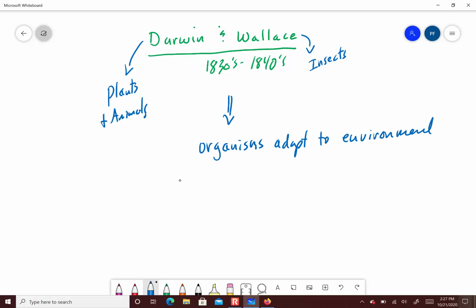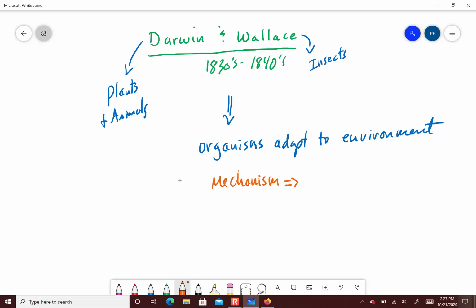Right, so that's not new, because I told you that back with even Lamarck, in the late 1700s and early 1800s, some naturalists were getting this idea that organisms must adapt to their environment. So that's not a novel idea attributed to Darwin and Wallace, because that's been around for a while now. But the thing was the mechanism, right?